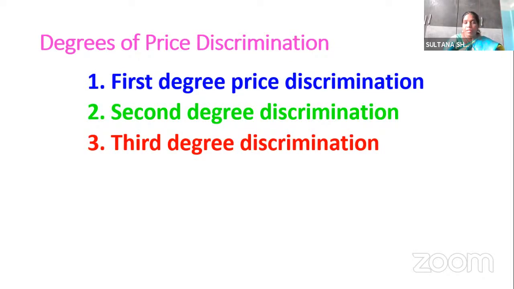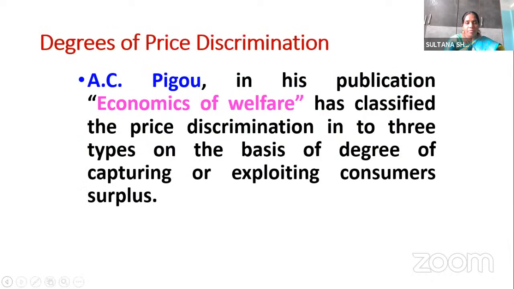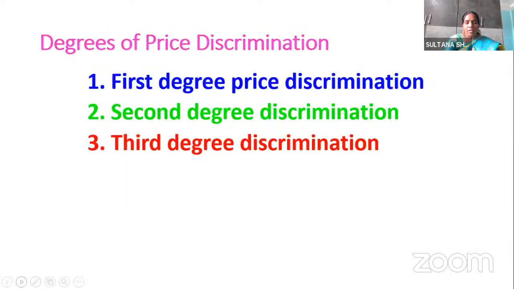There are 3 types: the first is first degree price discrimination, the second is second degree price discrimination, and the third is third degree price discrimination.